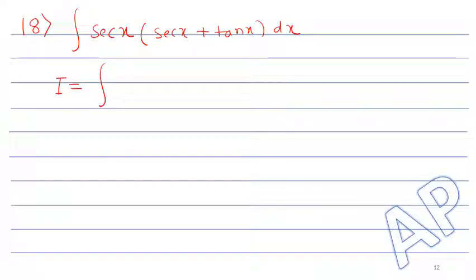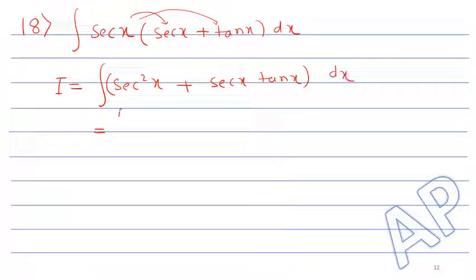I is equal to secant x into secant x first, then secant x into tan x. So I have secant square x plus secant x into tan x. So we can separately integrate these two terms here. That is, I have integral secant square x dx plus integral secant x tan x dx.